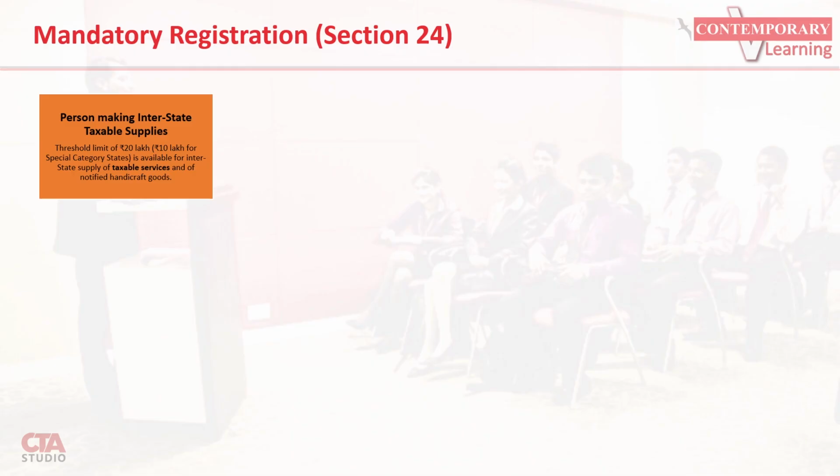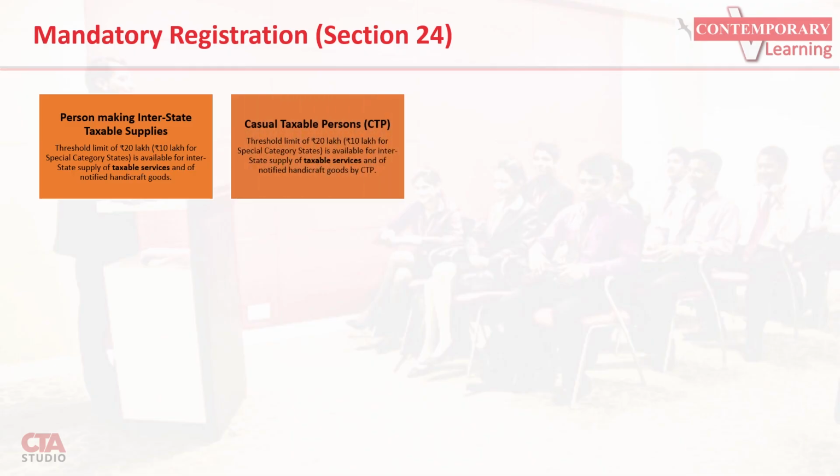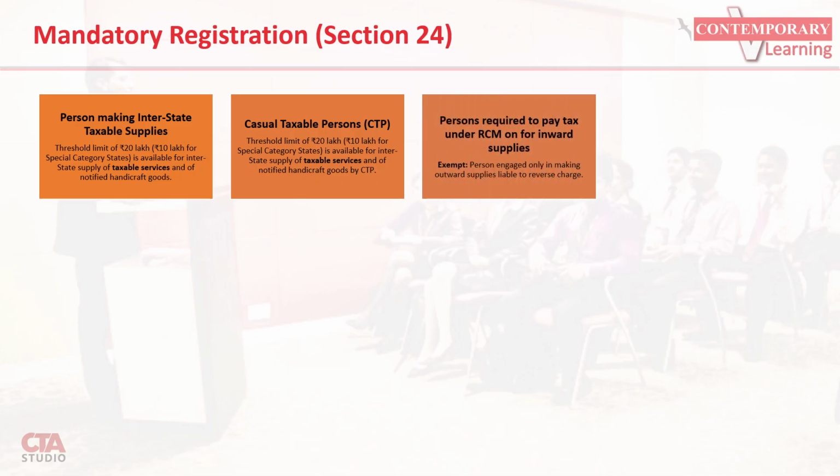Casual taxable persons, CTP. These are persons who occasionally undertake transactions involving supply of goods or services in the course of business. They must register, but the same threshold exemption applies for services and handicraft goods. Persons required to pay tax under reverse charge mechanism (RCM) for inward supplies.